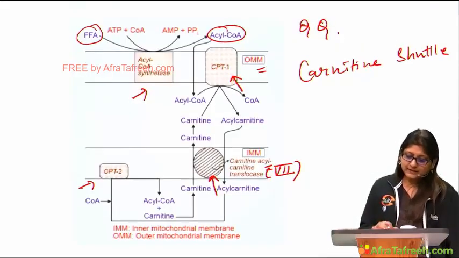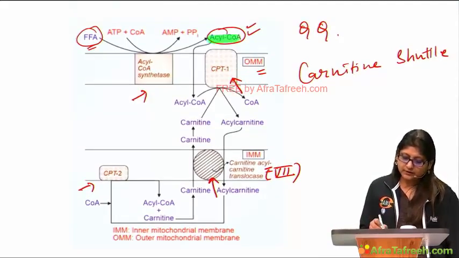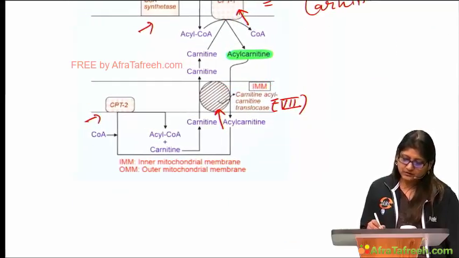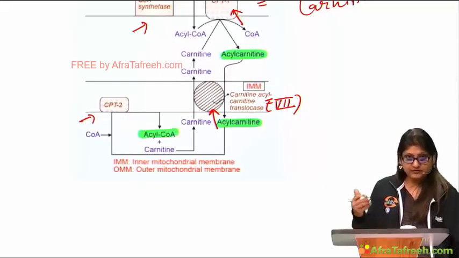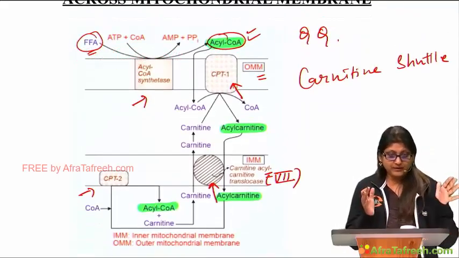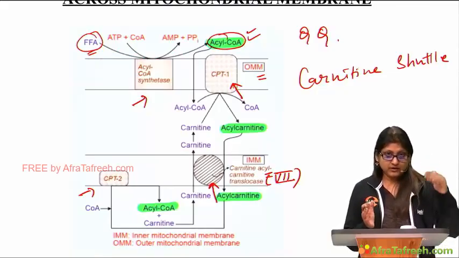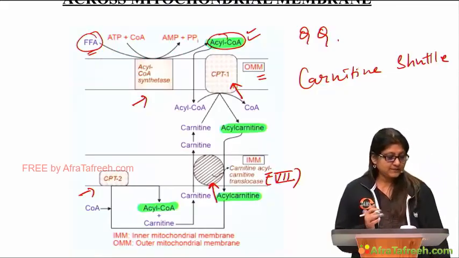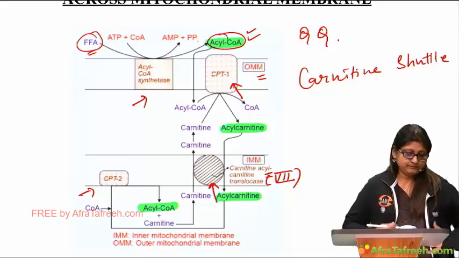You can see in the cytosol itself, fatty acid is converted to acyl-CoA, which is next converted to acylcarnitine in the intermembrane space, which is going to go to the matrix only to reconvert itself to acyl-CoA. So revise this completely. This is a very important carnitine shuttle which is meant to facilitate the transport of fatty acid across the mitochondrial membrane.